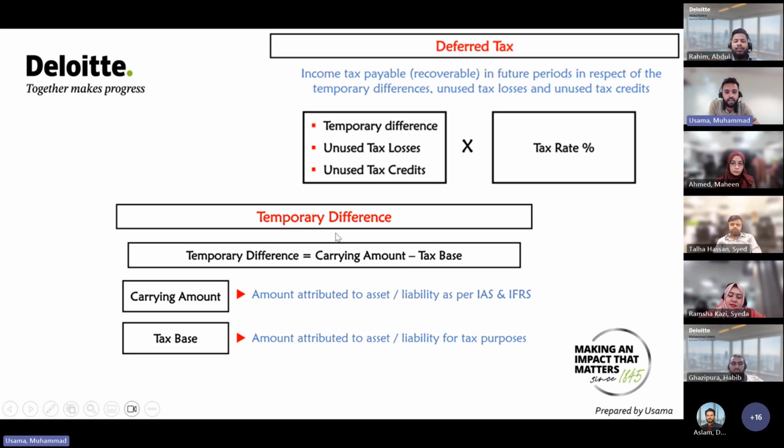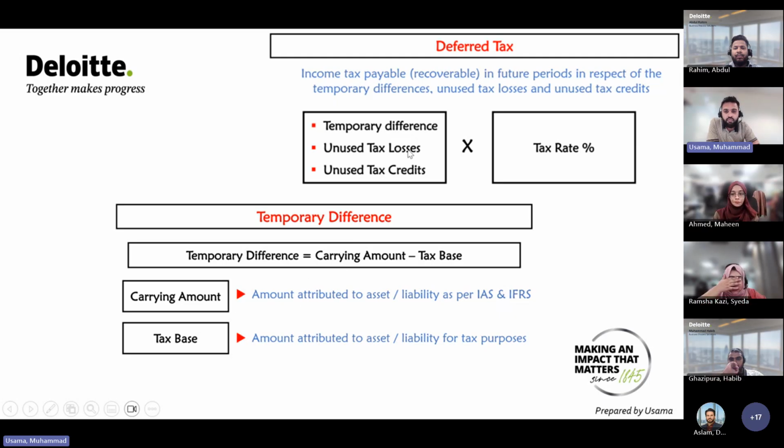Carrying value is a balance sheet item, as you all know. So the carrying value, like cost minus accumulated depreciation for PPE. So we need to compute carrying values as per IFRS and tax base to compute the temporary difference, and then we will multiply with the tax rate.